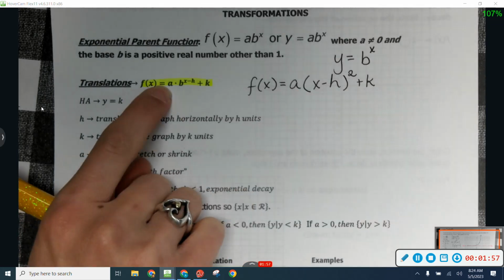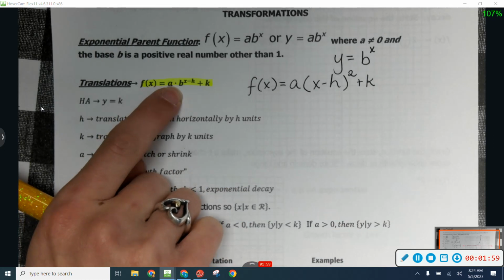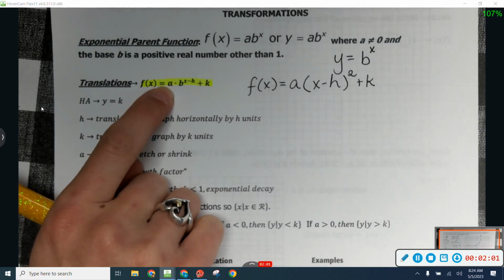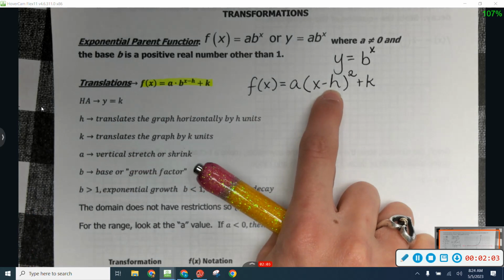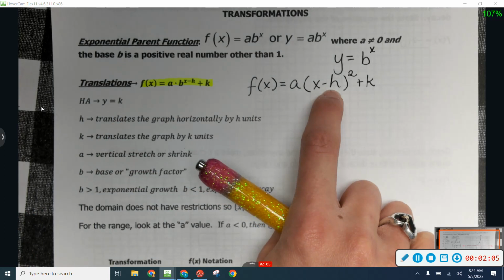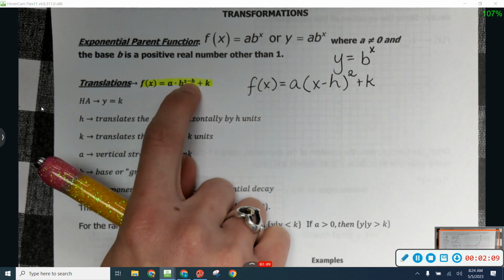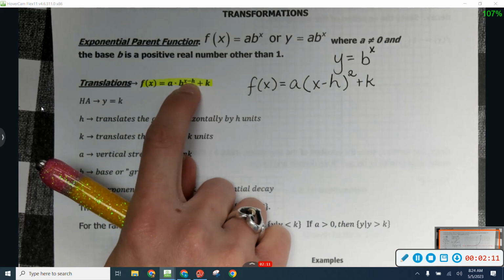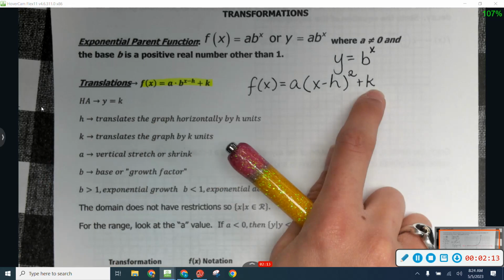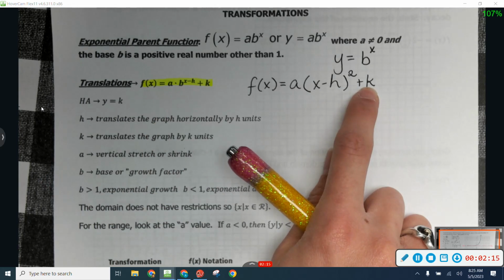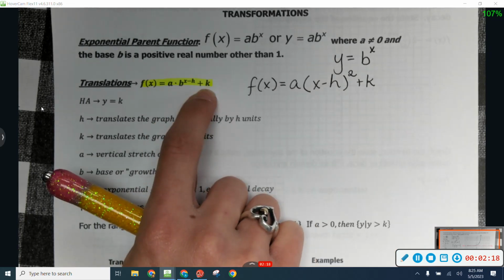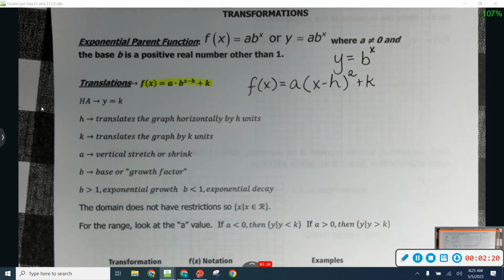So the a that's going to be multiplied by your b, your base, that's going to be a stretch or a shrink. The h that happened to your x would tell me it shifts left or right. Y'all remember this? So the same thing happens here. If it's happening to x, that h is telling you left or right. Okay? The plus k would tell me it shifts up and down, so this plus k also tells me it shifts up and down. So the same type of transformations.